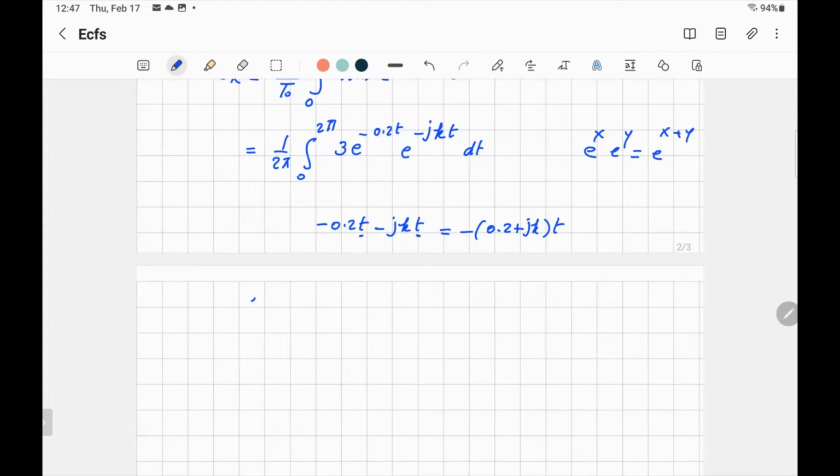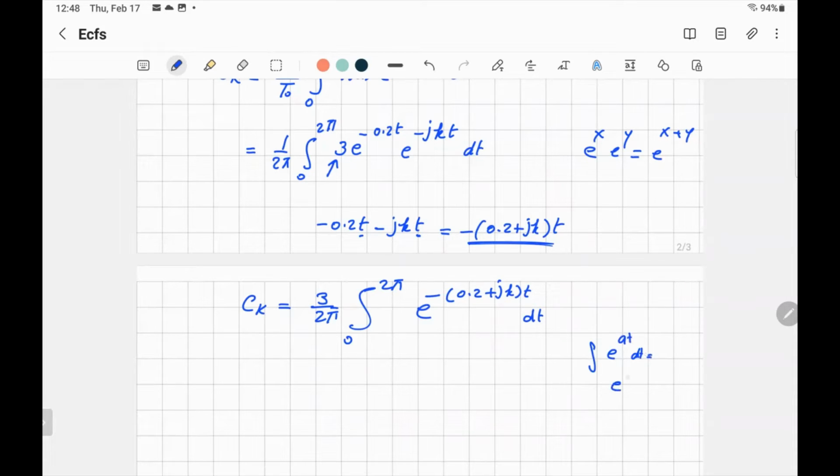So now you can write c of k is equal to 3 over 2 pi. I got the 3 out of the integration. It's a constant. And then I'm going to integrate from 0 to 2 pi e to the power of minus (0.2 plus jk) t dt. So I want to find the integration of the exponential. It's easy. What's the integration of e to the power of at dt?